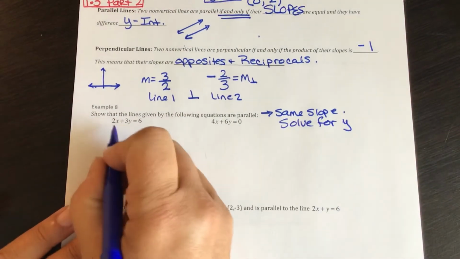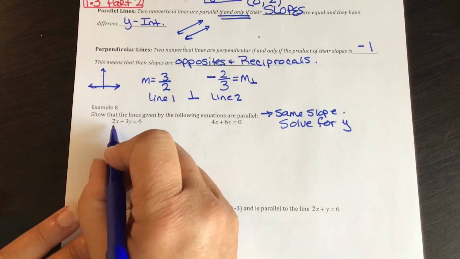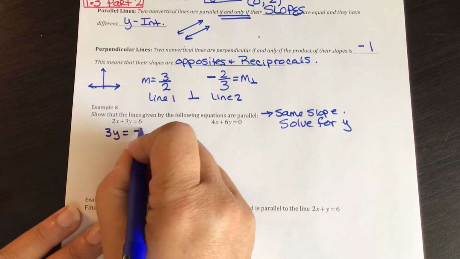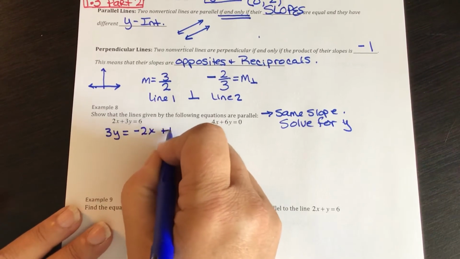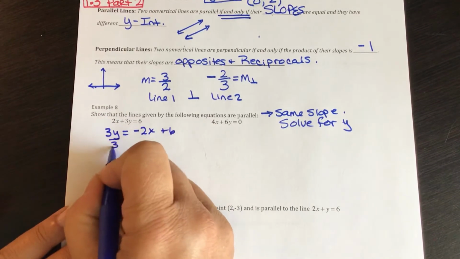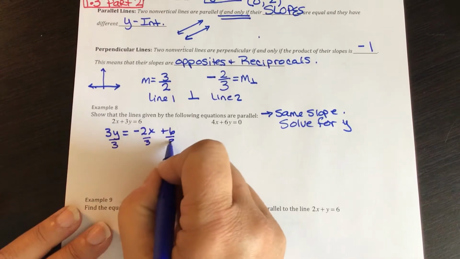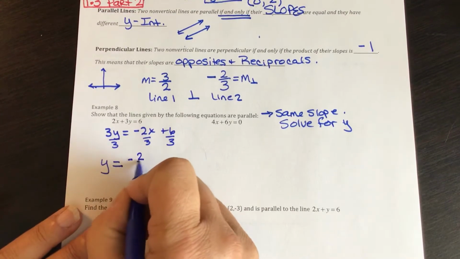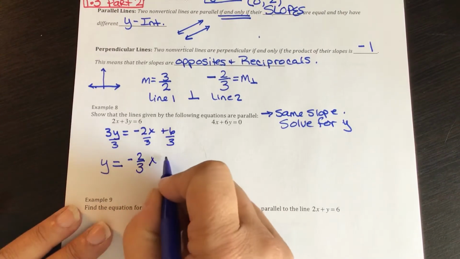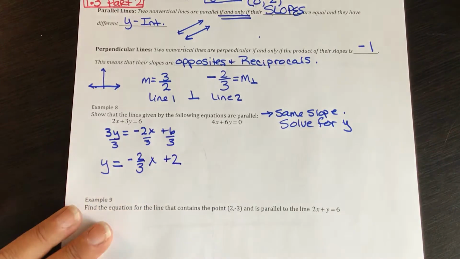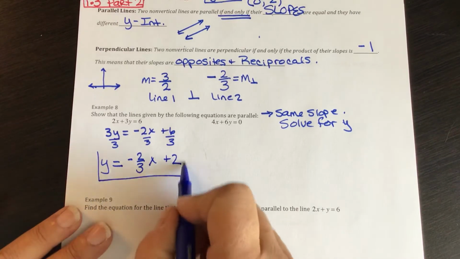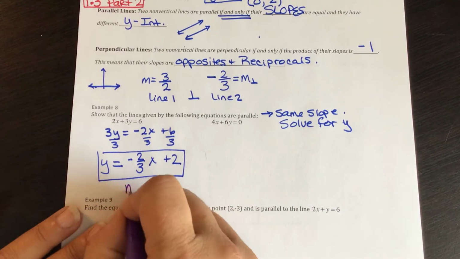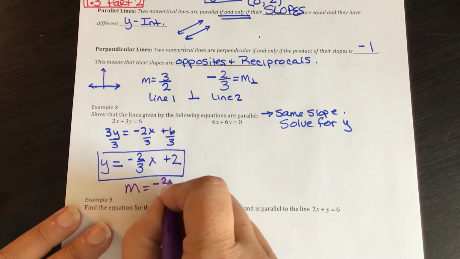So here, if I subtract 2x, I'm going to have 3y equals -2x plus 6. Divide all parts by 3. So y is -2/3 times x plus 2. So here's the equation for line 1. And in line 1, the slope is -2/3.